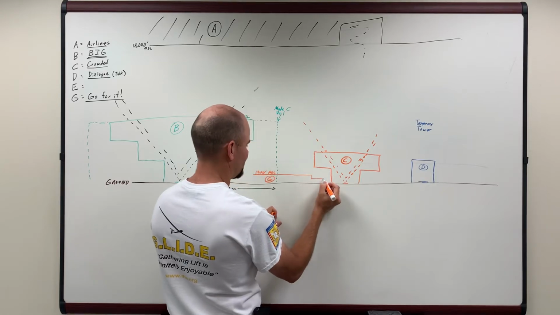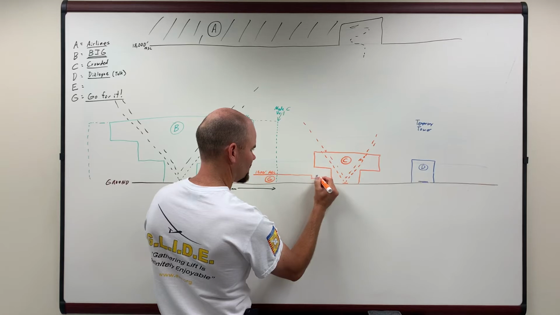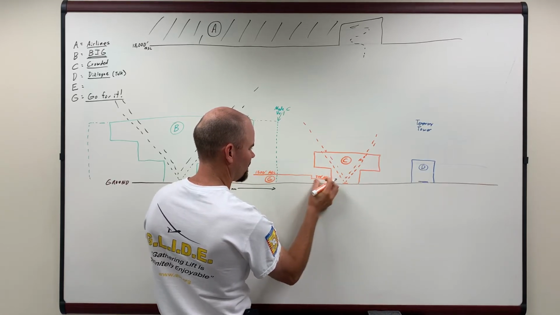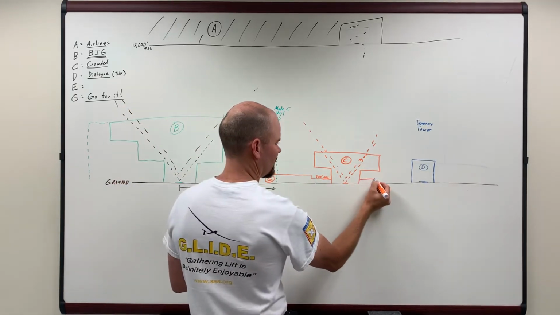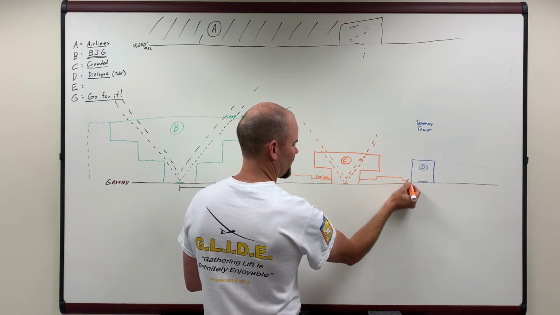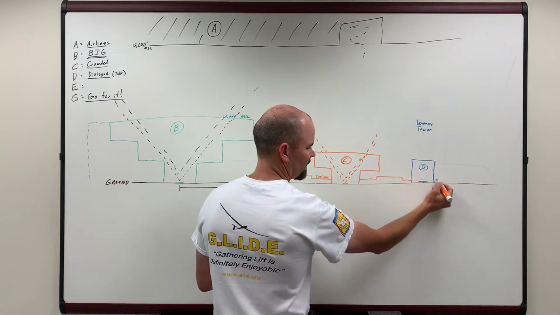Golf drops down to 700 feet AGL. So golf in this case drops down like that. Now it turns into Class Delta here.